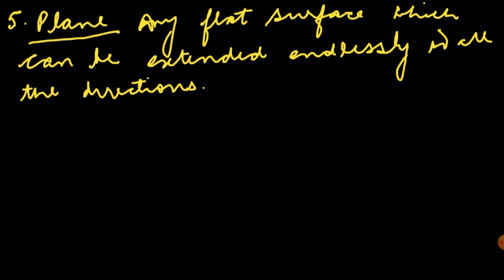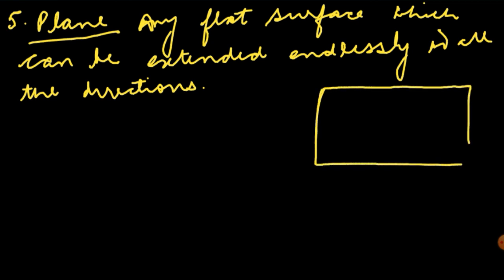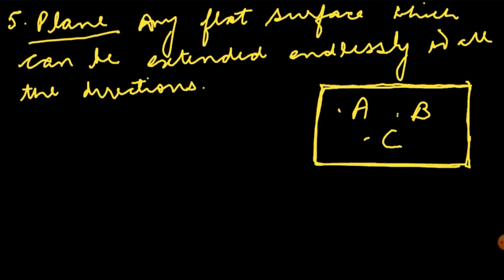For example, this is a plane, so we can draw various points on the plane, like these points A, B and C are the various points on the plane. So this ABC is a plane, means this whole surface is a plane, and we can extend it endlessly in all the directions.